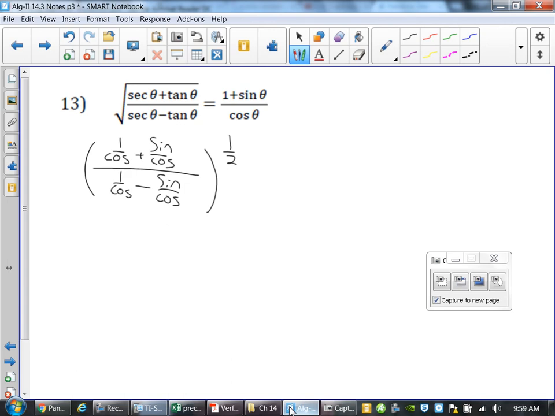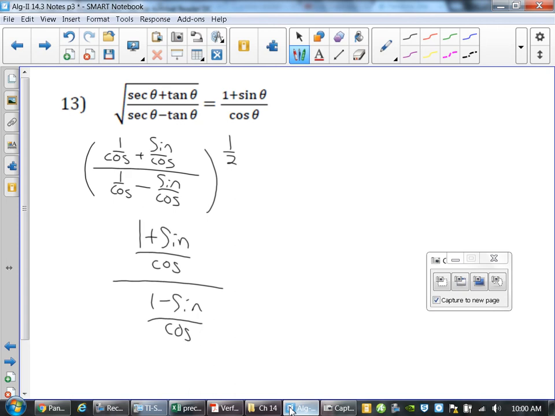See how you get a common denominator right away? In doing that, you wind up with 1 plus sine over cosine divided by 1 minus sine over cosine.